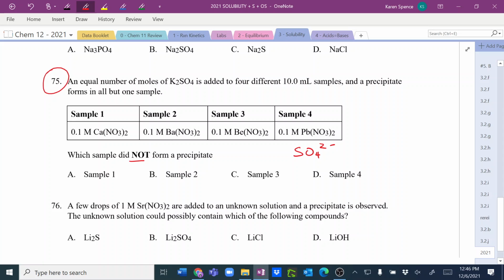Or did it say, hang on. Oh, those were low solubility. Okay, okay. So this will precipitate, and this will precipitate. Beryllium was not on the list of low solubility. So it would be C.